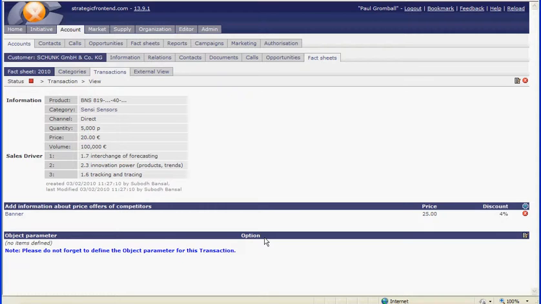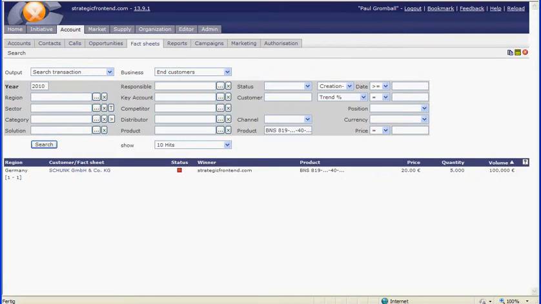So you have quite an interesting analytic background to find out what is the price sensitivity, the market price for a particular customer group and product, and also what drives actually the elasticity of pricing, or how important is price in comparison to the other sales drivers.